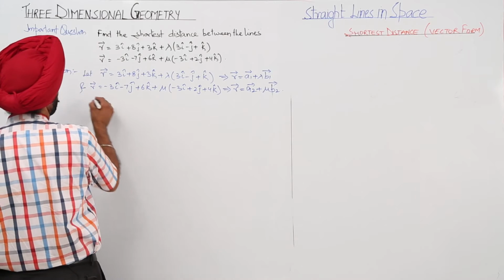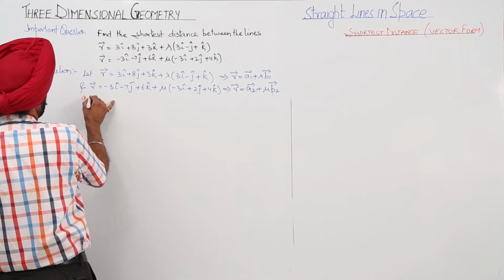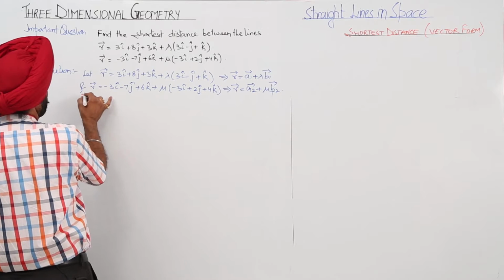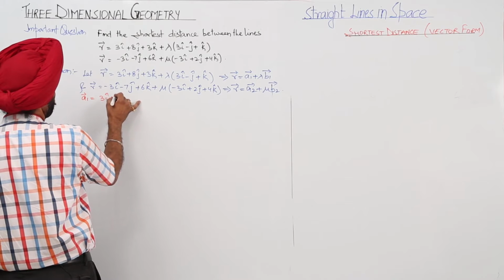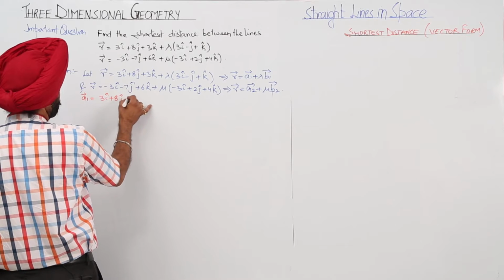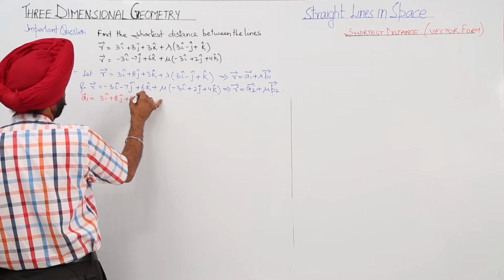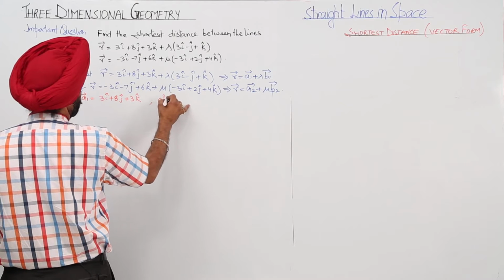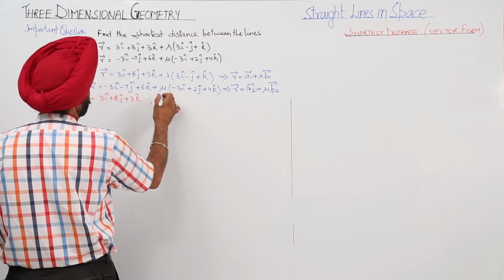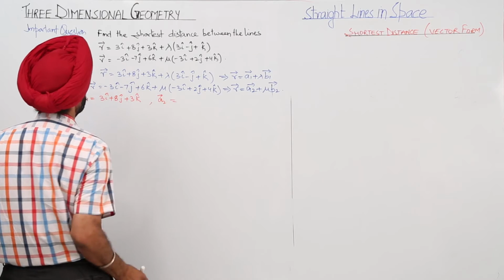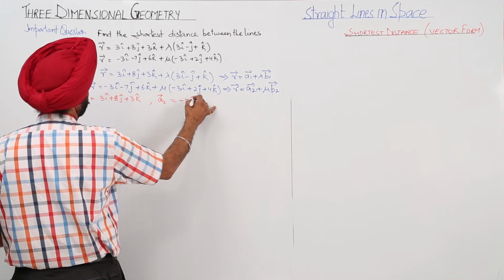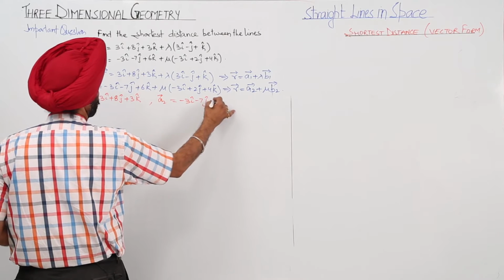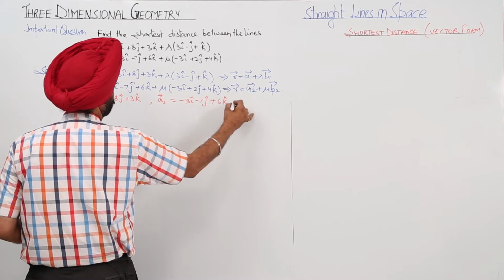Now we are having a1. Vector a1 is equal to 3 i cap plus 8 j cap plus 3 k cap. Vector a2 is equal to negative 3 i cap minus 7 j cap plus 6 k cap.